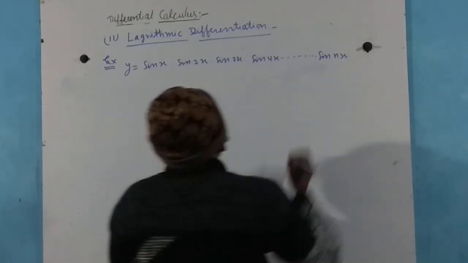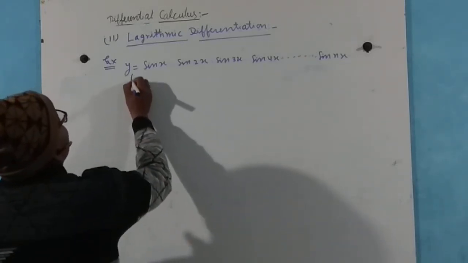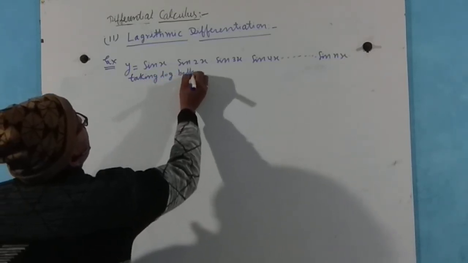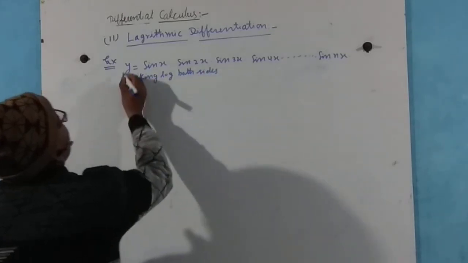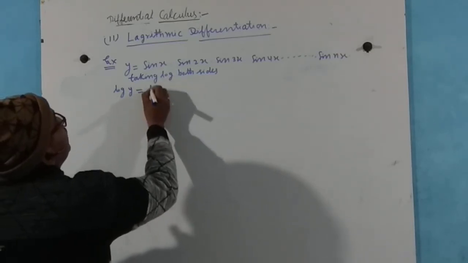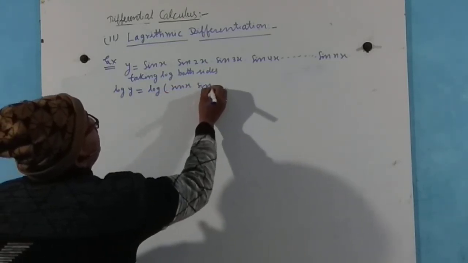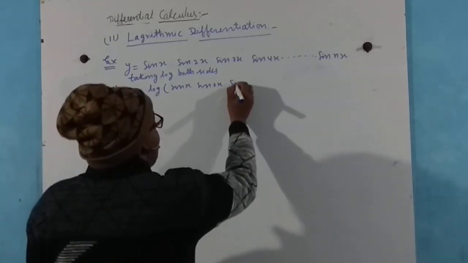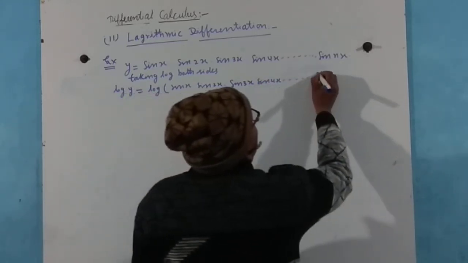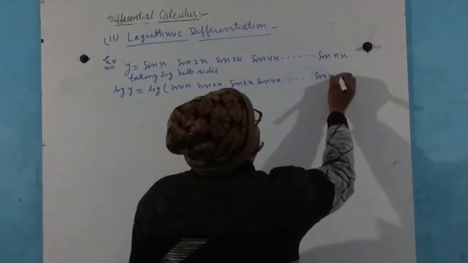For such type of problems, taking log both sides, log y equals log of sin x sin 2x sin 3x sin 4x up to sin nx.